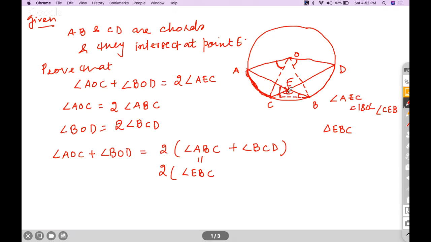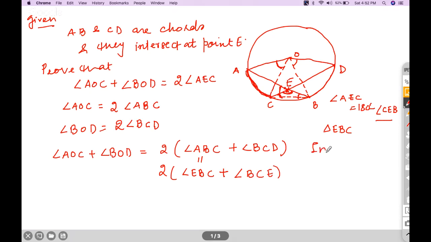So this angle plus this angle is 180 degree. Now I will find out these two angles. So EBC plus, you see here, this angle BCD can be written as angle BCE.